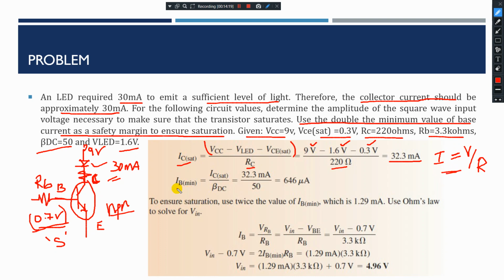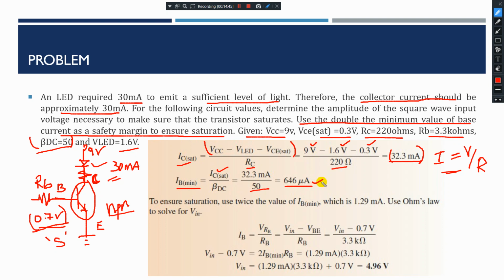Next, IB, the minimum current required to make the transistor go into the saturation region. IB is equal to IC divided by beta DC. IC we have found out as 32.3 milliamps, and beta DC is given as 50. Now, IB is equal to 646 microampere.